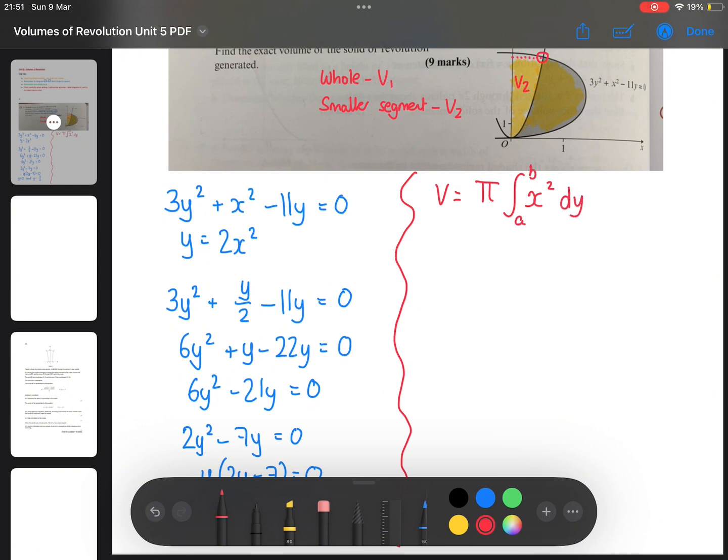And in this case, x squared is going to be 11y minus 3y squared. And we get that by rearranging this original equation here. And then we need to integrate that between, and don't forget to multiply by pi, we need to integrate that between 7 over 2 and 0.